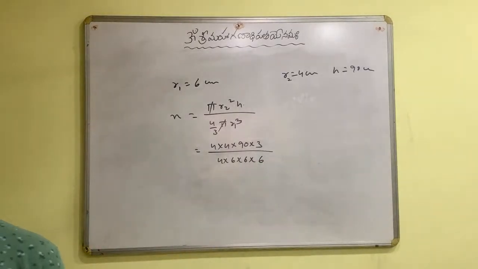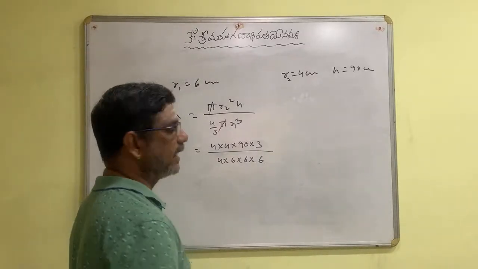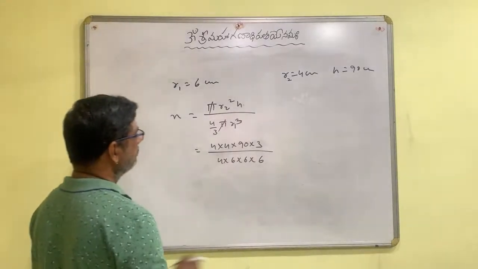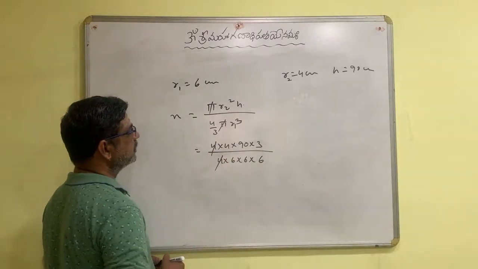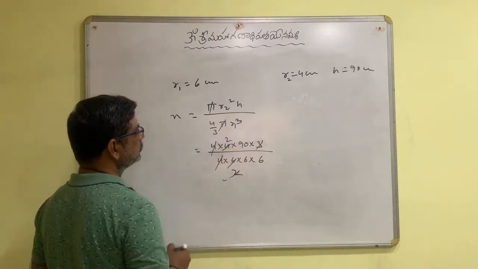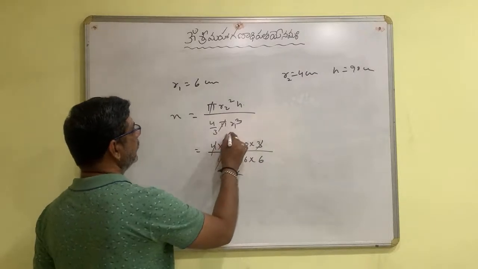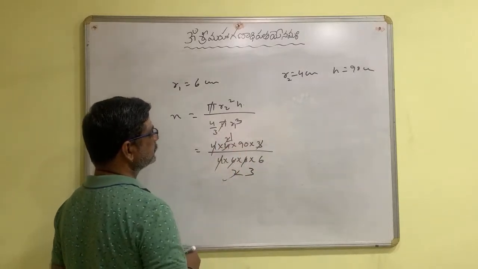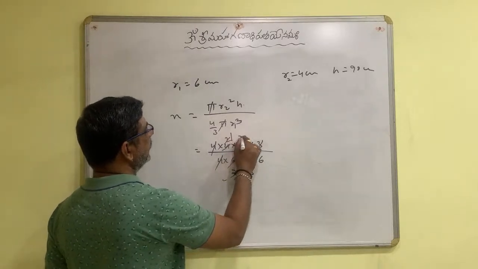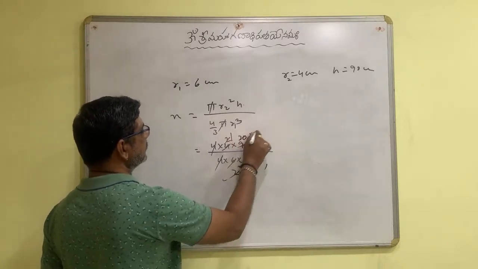Now simplify. 4 cancel, 3 twos, 2 twos, again 2 ones, 2 threes, 3 30s are 90, 6 ones are 6 fives are.